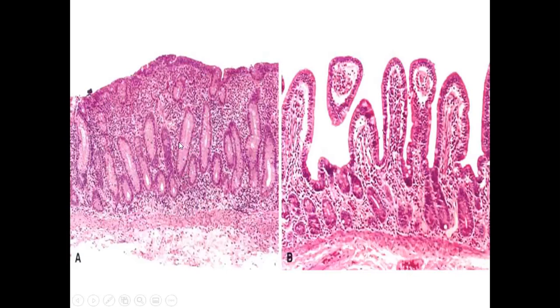The crypts are hyperplastic and elongated, and there are increased intraepithelial lymphocytes. So these are the intraepithelial lymphocytes, which are increased in number. And the lamina propria contains plasma cells and lymphocytes, and sometimes eosinophils. So this is the characteristic appearance of celiac disease or gluten-sensitive enteropathy.